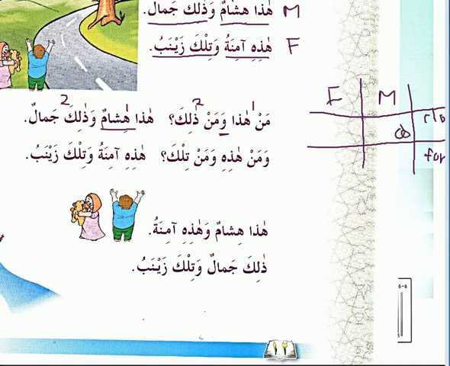So both we use hadha. And then what goes in the second box? Hadhihi, right? Hadhihi is used for the one that's feminine and when you're pointing to something close. So I can put hadhihi in this box.